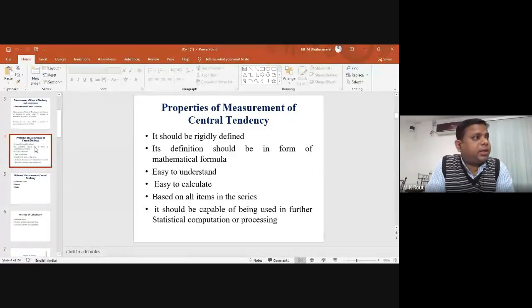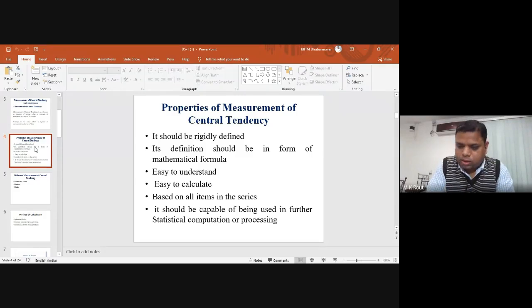The next part is that it is easy to understand and easy to calculate. This average or central line should be based upon the items in the particular series, whether individual series, discrete series, or continuous series. The next important part is that it is capable of being used in further statistical computation or processing.